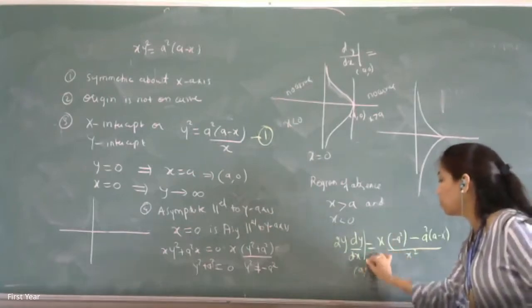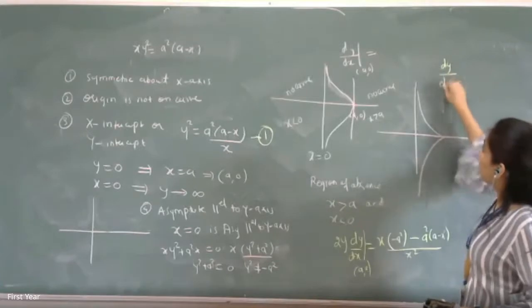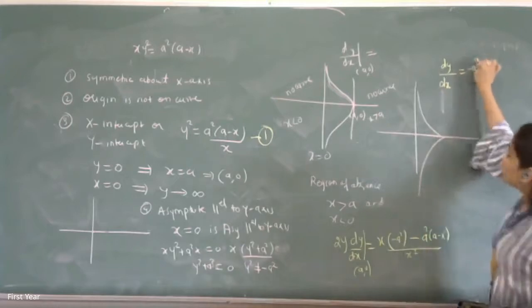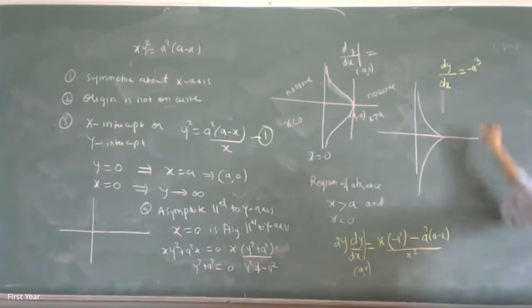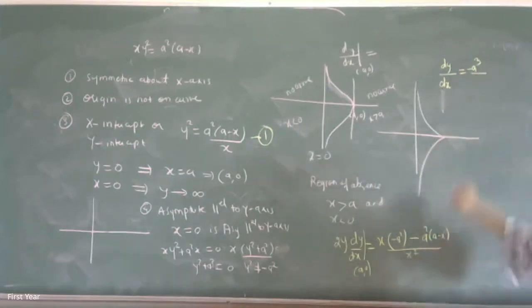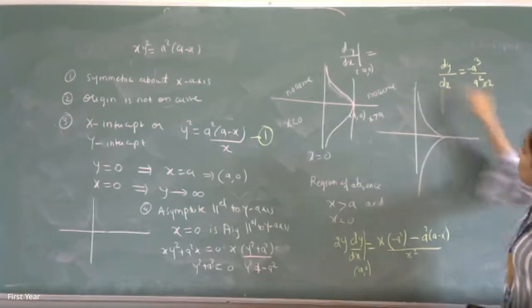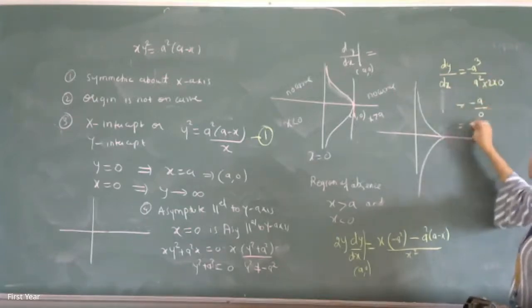A comma 0 is your point. It would be infinity, ma'am. Correct. So dy by dx will become equal to, put the value of x is equal to a. तो ये क्या होगा? Minus a cube. a अगर पुट किया तो ये 0 हो गया. Minus a cube upon x की वैल्यू है a. So a square into 2y. 2y मैंने नीचे किया 2 into 0. So it is minus a by 0, which is infinity.